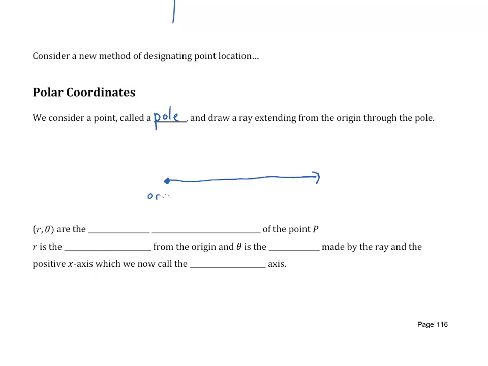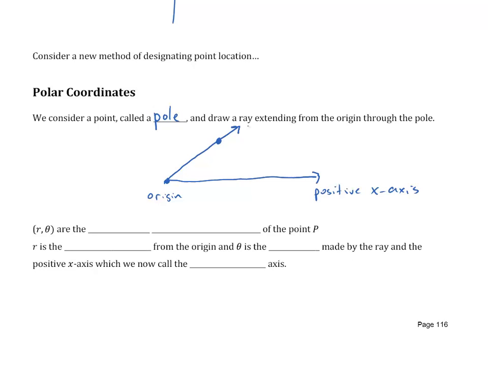We're going to call that the origin right here, and this would be like the positive x-axis, at least in the way that it overlaps the rectangular coordinate system. And if you've got some point out here in the plane, instead of dropping straight down and going straight over, what we're going to do is draw a ray through that point, extending through that pole.